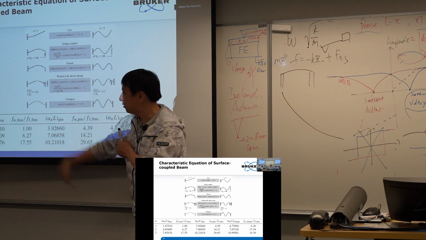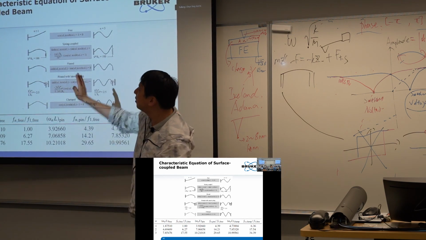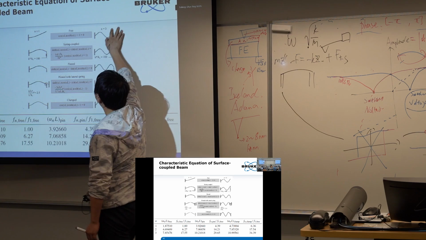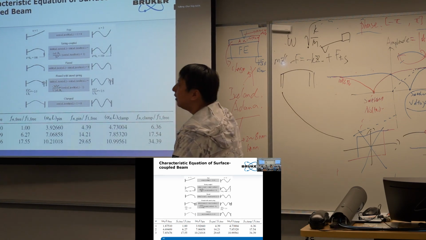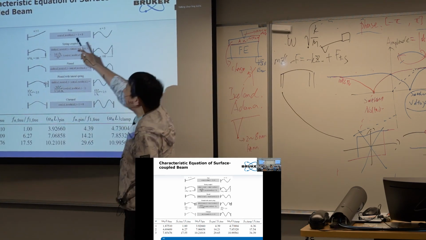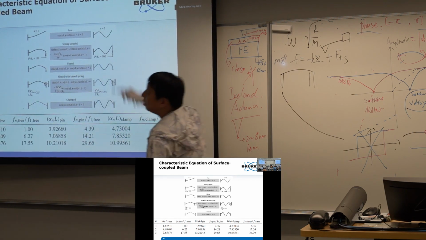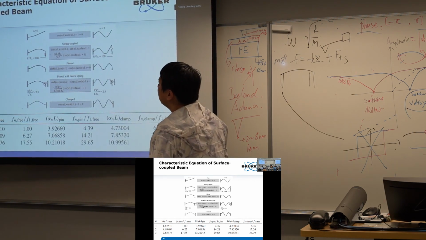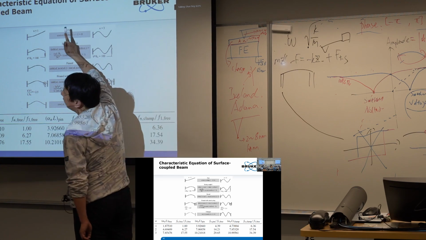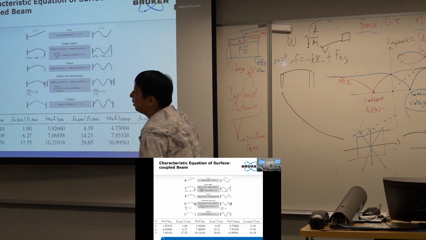So not every point on the cantilever moves in the same fashion. That's the second order, third order, or in other words, the second order harmonic oscillation, third order harmonic oscillation.